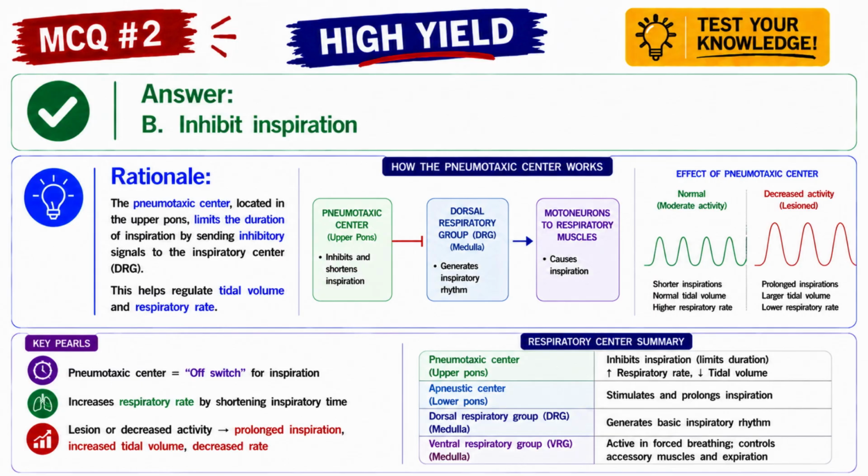If the pneumotaxic center is damaged or removed experimentally, the apneustic center dominates, producing apneustic breathing: prolonged gasping inspirations with brief, ineffective expirations. Pneumotaxic center, pons, inhibits inspiration, limits tidal volume, regulates respiratory rate.